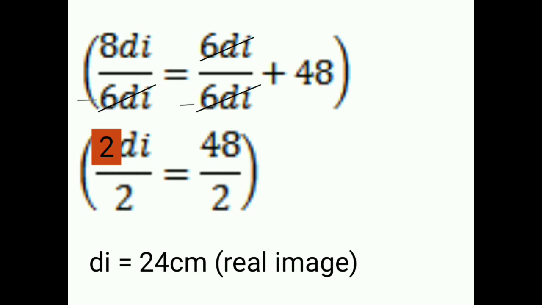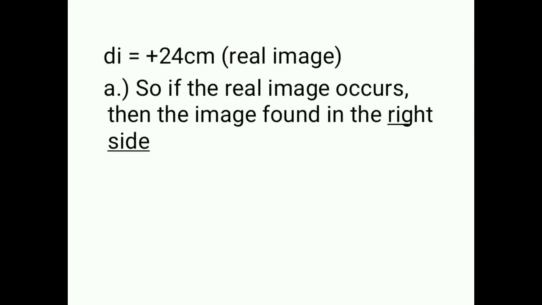Now 2di is equal to 48. We're going to cancel the 2 because we're going to divide each side by 2. Then di is equal to 24 cm, and it is a real image because di is positive 24 cm.